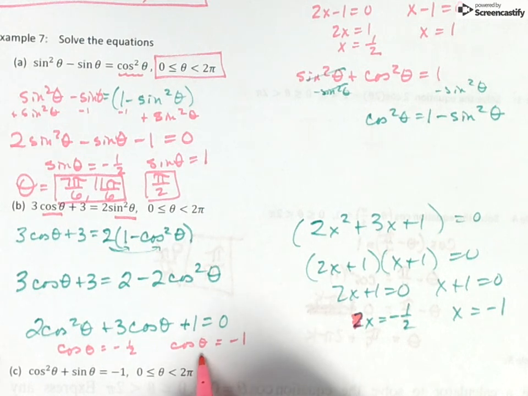Well, cosine equals negative 1 at pi and cosine equals negative 1/2 at 2 pi over 3 and 4 pi over 3. Good luck. Have fun doing your homework.